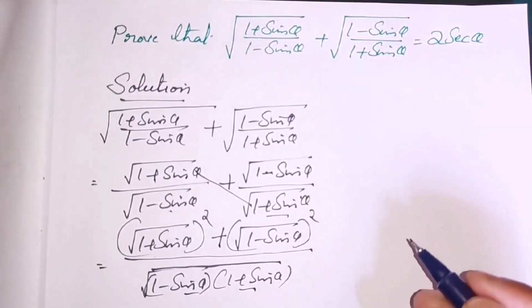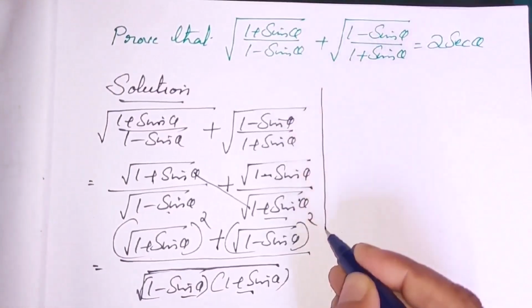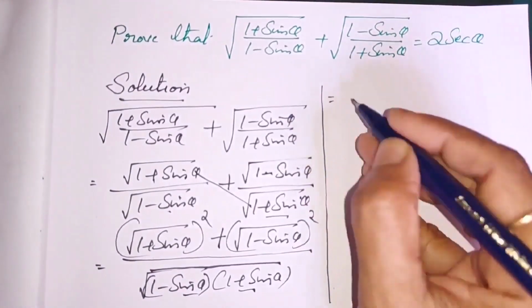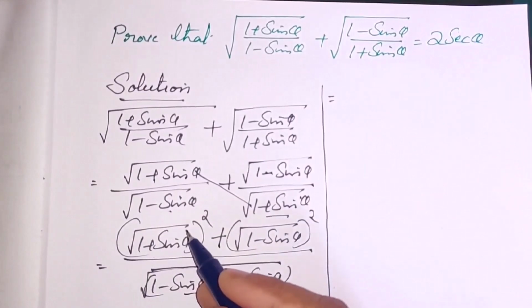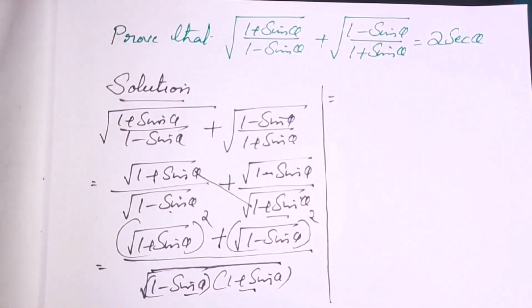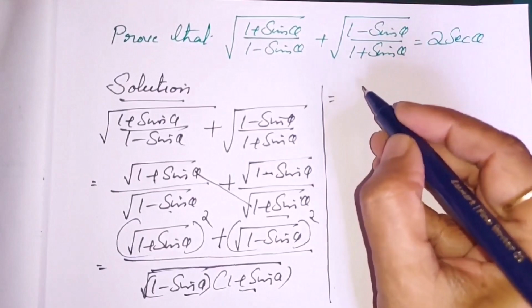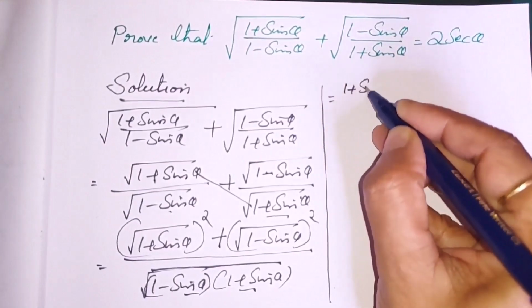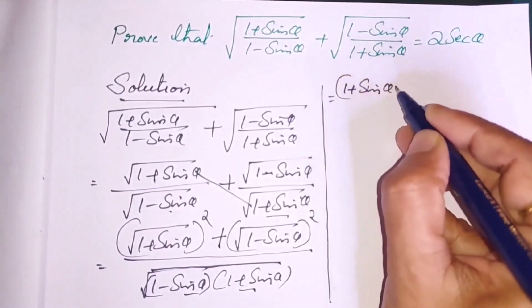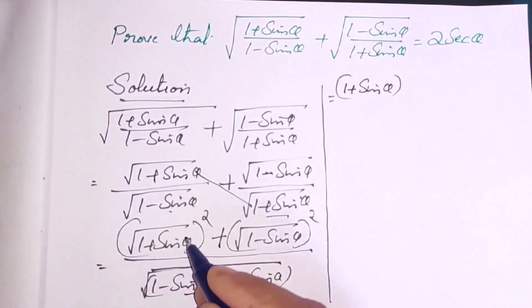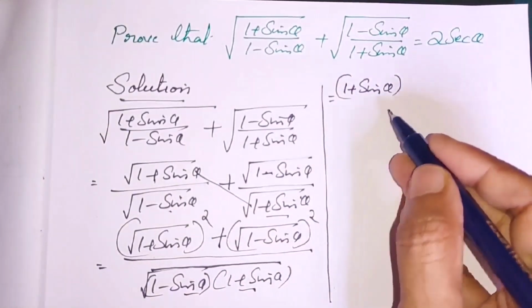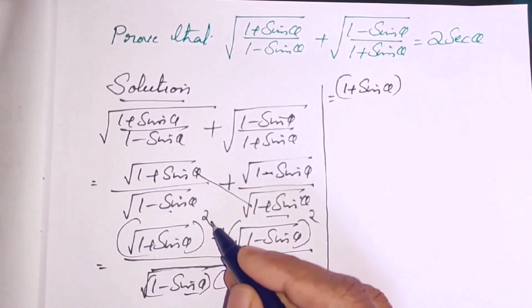Right? Now, what will this be? What is square root of 1 plus sin theta whole square? You know that is 1 plus sin theta. Square root of 1 plus sin theta whole square is 1 plus sin theta, right? We can delete the square root sign.